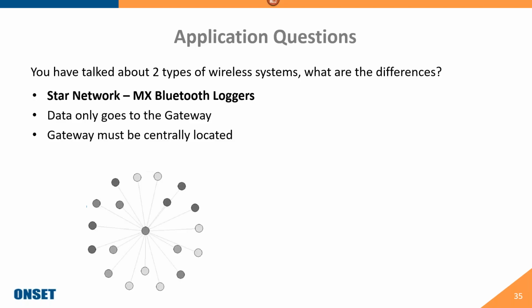So the first was the Bluetooth loggers that Shannon talked about, and that's more or less of a star network. The gateway needs to be centrally located typically, and all of those sensors are going to send their information back to that gateway. There are cases where, yes, you can absolutely use 2 gateways. Our cloud will actually figure it out, so there's no duplicate data coming up.